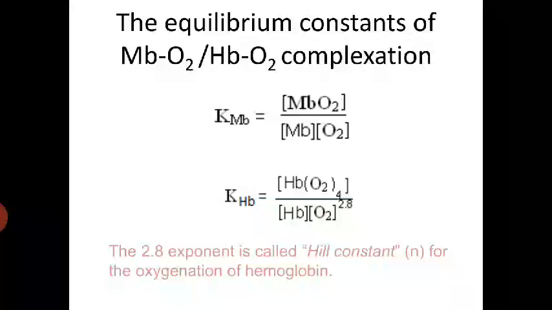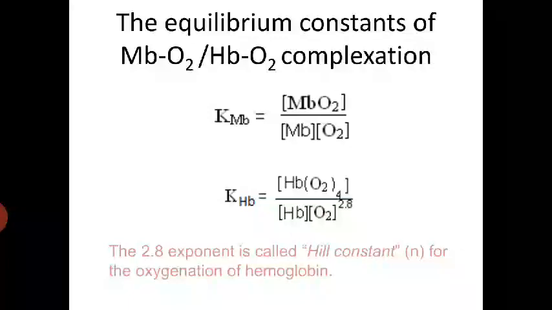So the equilibrium constants of myoglobin and hemoglobin on oxygen complexation, we can write them as K Mb is equal to MbO2 by Mb times O2, that is, the molar concentration of myoglobin times the molar concentration of oxygen, as we discussed earlier. Whereas for hemoglobin, we can write it as K Hb is equal to HbO2 taken 4 times by Hb times O2 to the power of n.